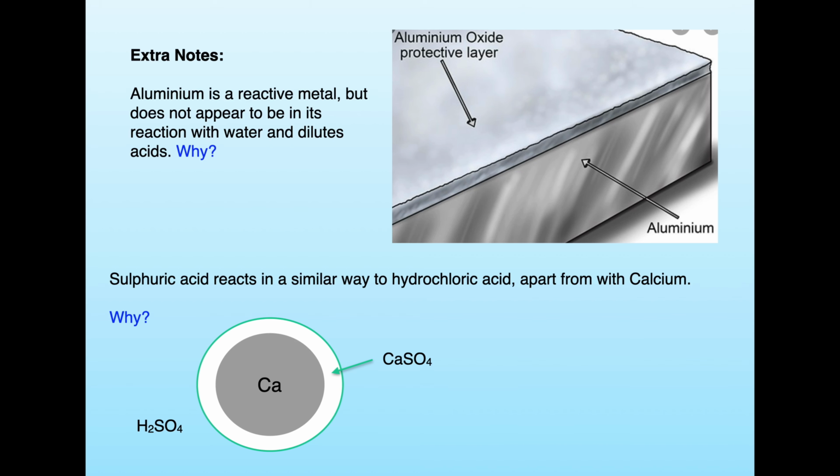And that layer, because calcium sulfate is insoluble, as you know, prevents further reaction. So there's a rapid reaction at first, but then the reaction stops. Okay? That's how it works. These are similar situations. Obviously this is with sulfuric acid, and the other would just be with the air. It forms an oxide layer, but they both prevent further reaction. Okay, have a go at essential chemistry on the pages indicated.